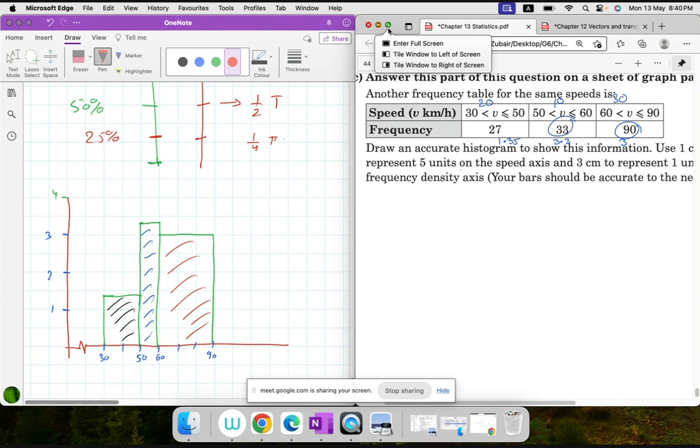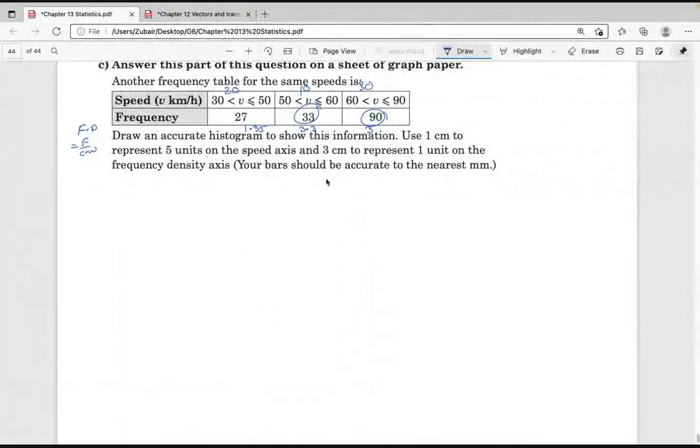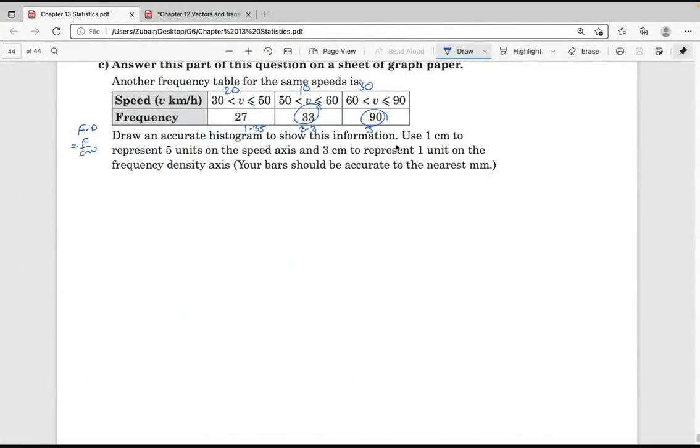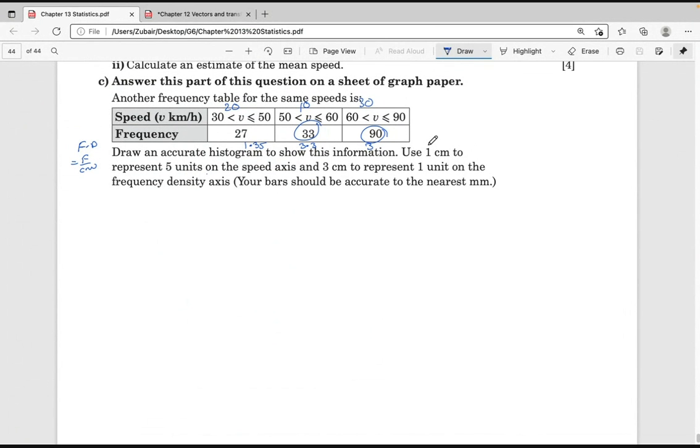Be very careful when you draw it in the exam. I just created a page for myself by drawing this grid. When you have the graph paper, we have to follow the instructions strictly. Whenever instructions are given, if you don't follow them, we get penalized.